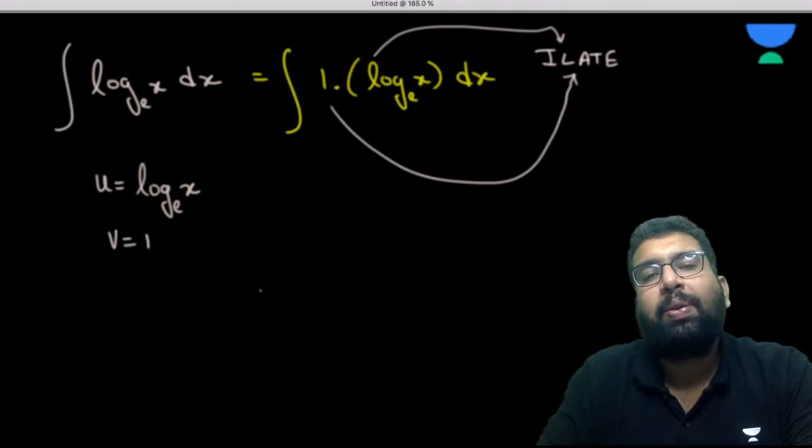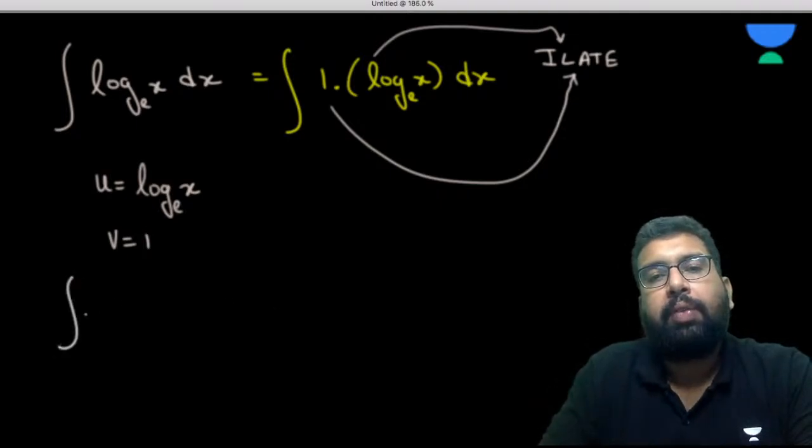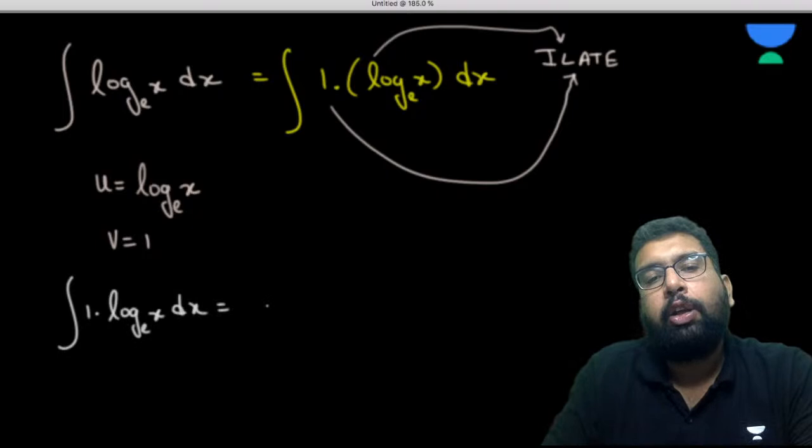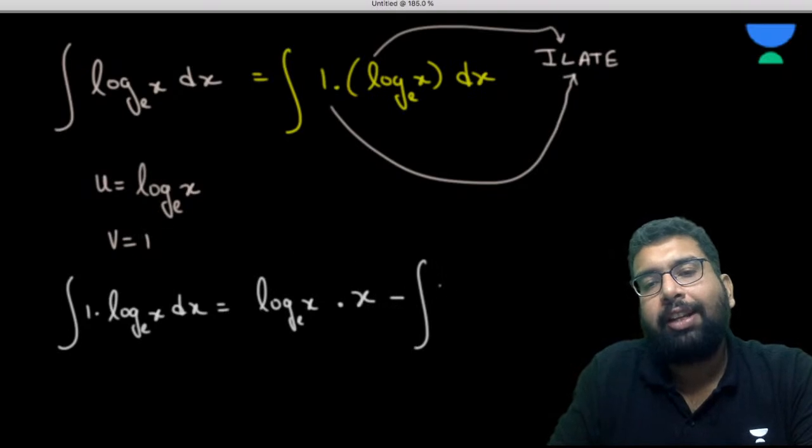So how are we going to do it? We are going to integrate this, so it will become integration of 1 times log e x dx. You are leaving the u, integrating the v. When you integrate 1, it will become x, minus, you are differentiating the u.